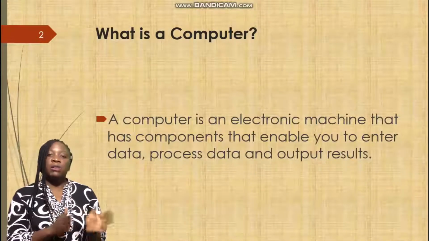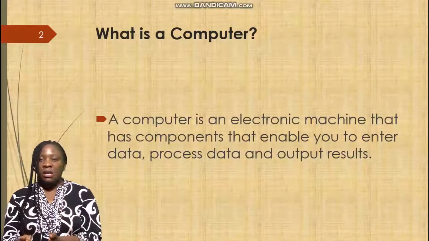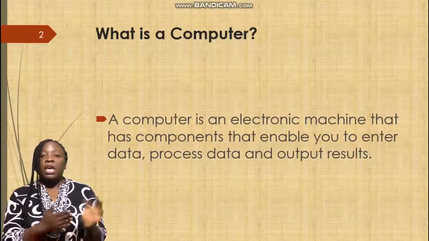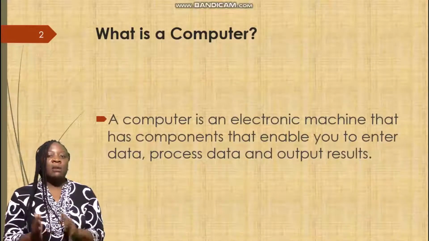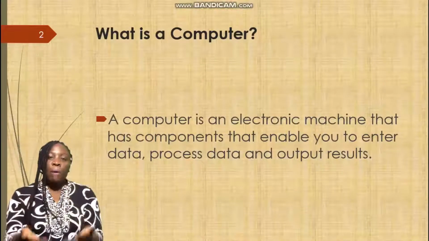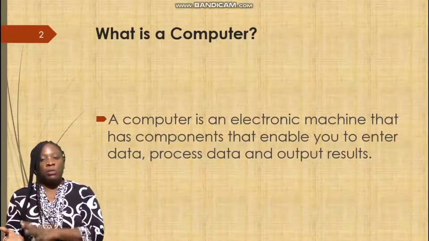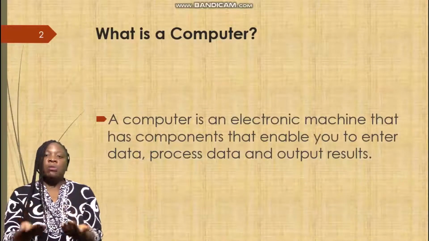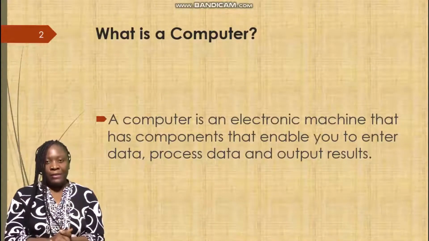A computer has three major stages: the input stage, the processing stage, and the output stage. The input stage is where you enter data into the computer. The processing stage is where the computer processes the data, and the output stage is where the computer gives you the result that you are looking for.